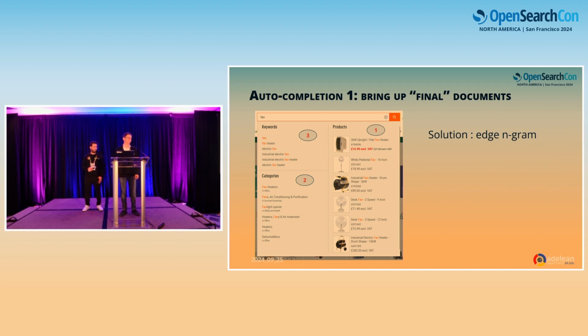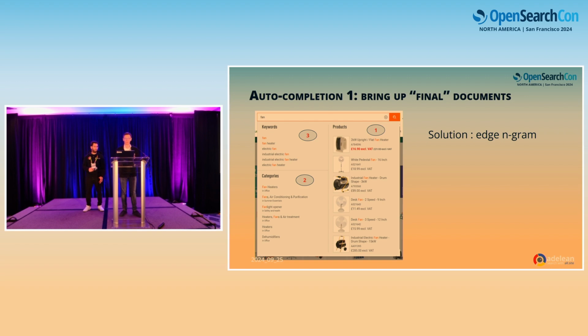Of course, when you say auto-completion, it's kind of vague because in reality, there are many types of auto-completions. In this screen, for example, I have at least 3 types of auto-completions. You can have even more, but we will not go into details now. So the first one, which is the one with the products there, is the simplest one, the one that comes pretty much out of the box.